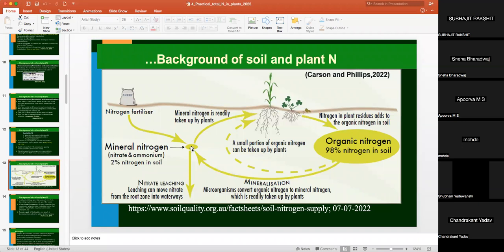Any answer? Suppose I put urea today in my field. I have grown, say, a rice crop. After how many days will nitrate be made available to the plants? Normal urea. Any student?